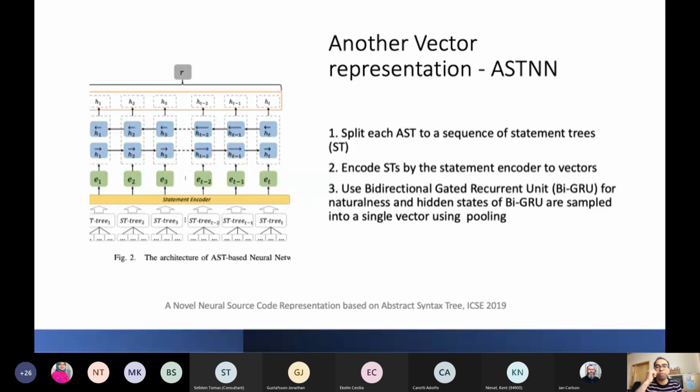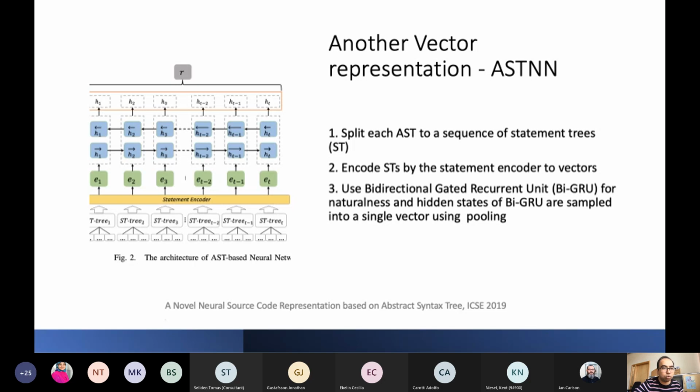To solve this problem, another technique, ASTNN, which is the abstract syntax tree-based neural network, was developed. It splits the abstract syntax tree into multiple smaller trees, which we can call statement trees, which are converted to vectors by the statement encoder.